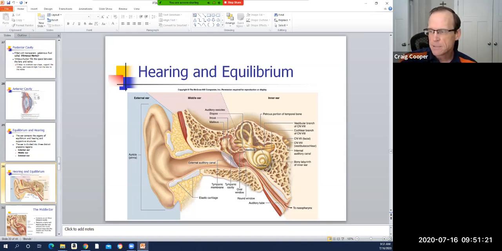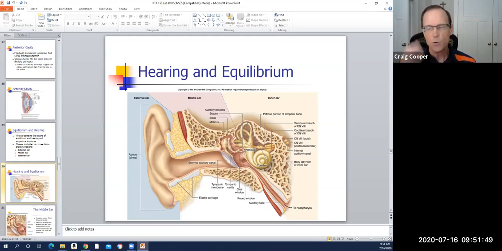Where the stapes connects to the oval window, this is an air-filled space, the middle ear. When we get to the inner ear, then we have more of the gelatinous liquid inside the internal spaces. And so that movement of air that's being transmitted from the eardrum to those three bones then gets transmitted from that oval window as the stapes is moving back and forth and pushing that membrane.